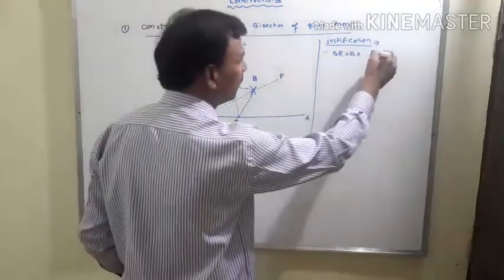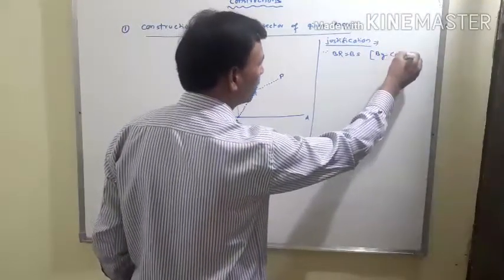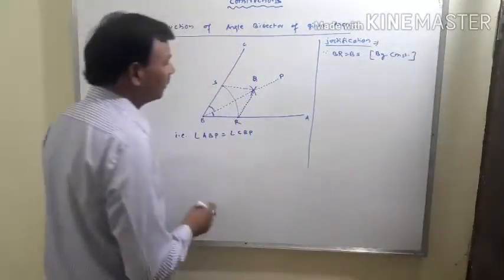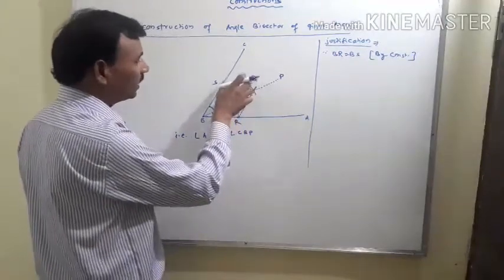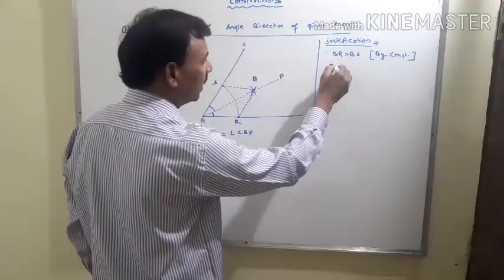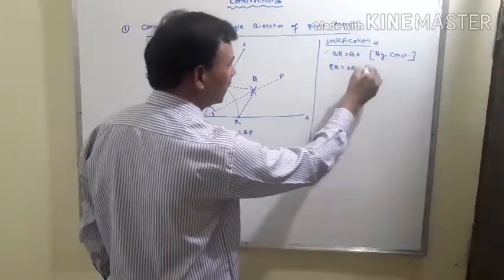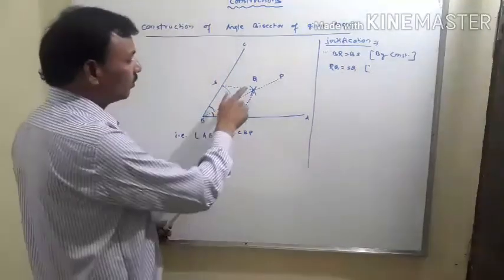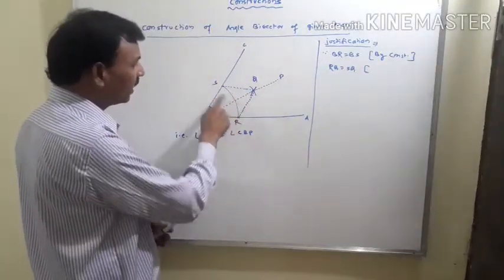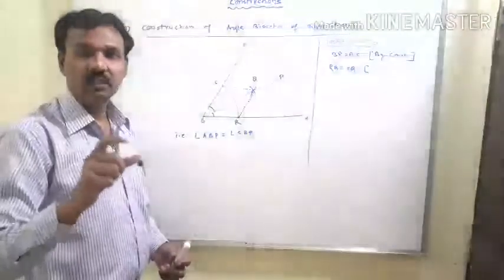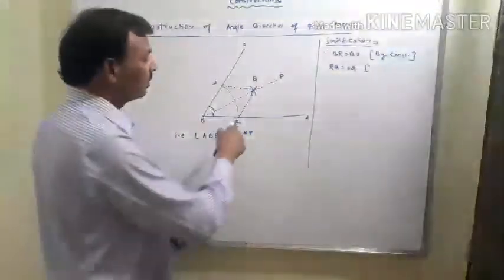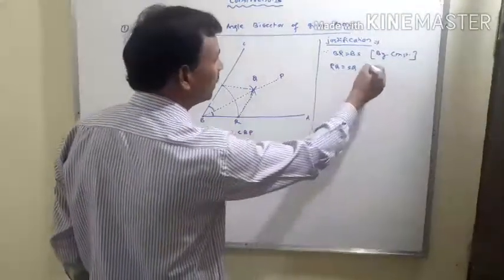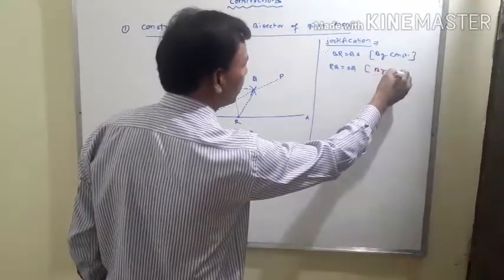That means by construction. And RQ equals SQ, the reason being that both are cut from R and S with the same radius. So this will also be equal by construction.